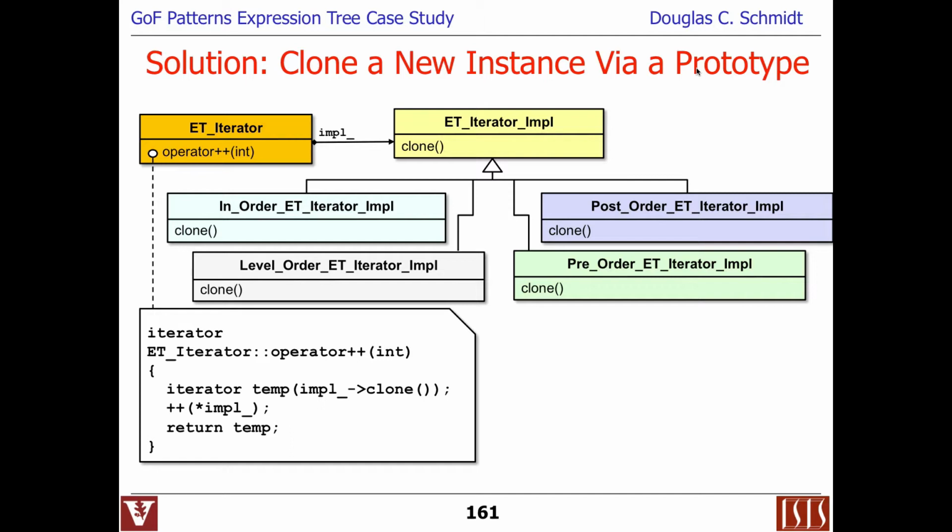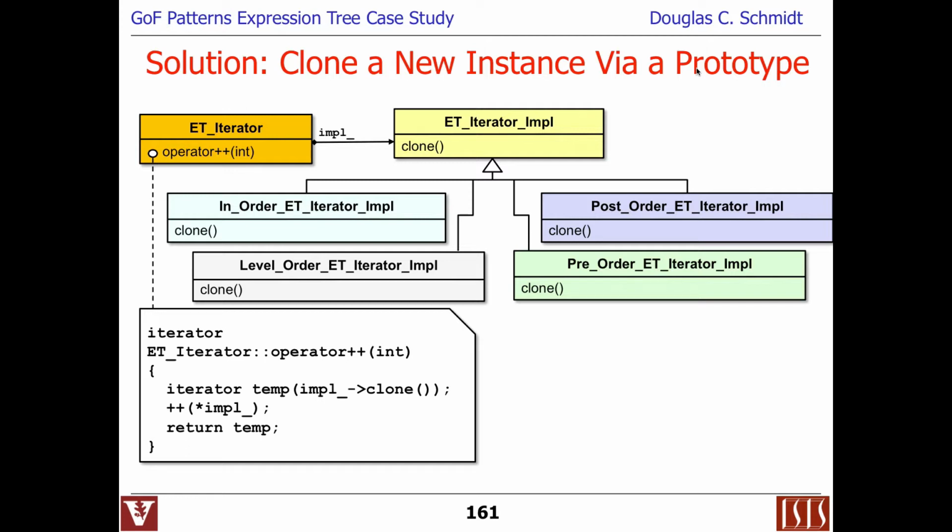So it'll either be a pre-order or a post-order or an in-order and so on. But the caller of this doesn't know, doesn't care what the subtype is. All he knows is I need to call the clone method to get a deep copy of the object I have access to only through a pointer to a base object. So you clone yourself, you make the copy, then you do the pre-increment plus plus, and then you return the copy.